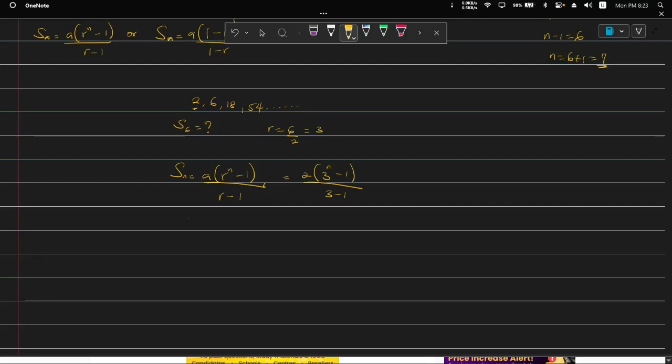Now the beauty is we are looking for S6. So S6 is going to be equal to 2 into brackets 3 to the power of 6 minus 1. You have to be careful. Don't be in a hurry so you don't fail. Over 3 minus 1, and 3 minus 1 is 2. It becomes 2 into brackets 3 to the power of 6.